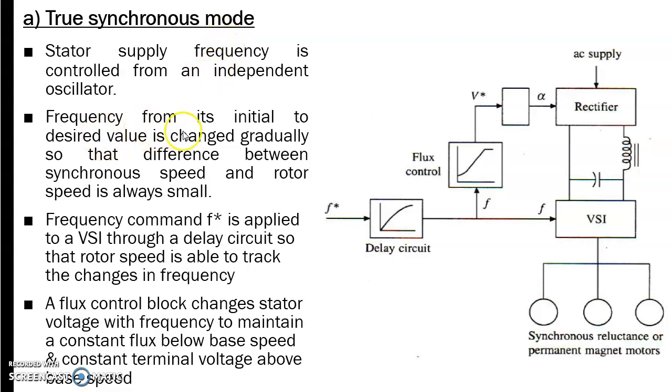Here frequency from its initial to desired value is changed gradually so that the difference between synchronous speed and rotor speed is always small. So there will be gradual variation of this frequency to make the difference between the synchronous speed and rotor speed very less. This frequency command F star is applied to a VSI through a delay circuit, so that rotor speed is able to track the changes in the frequency.